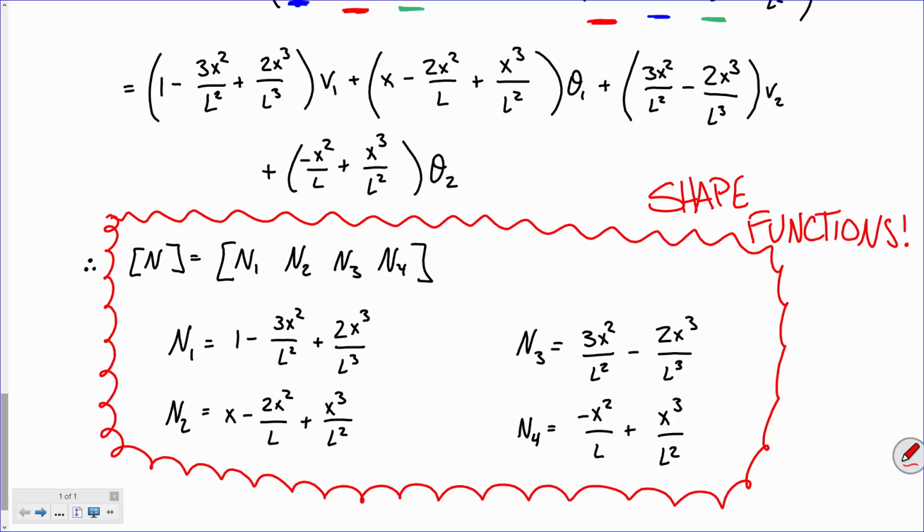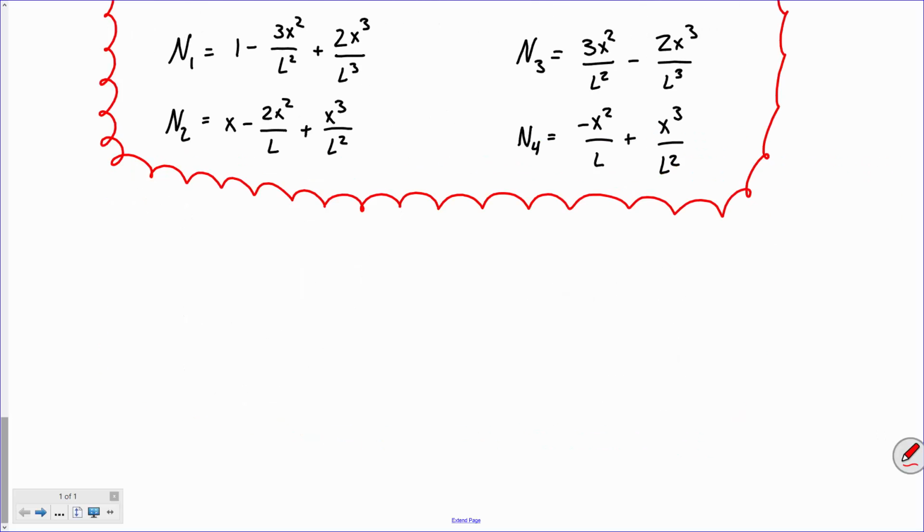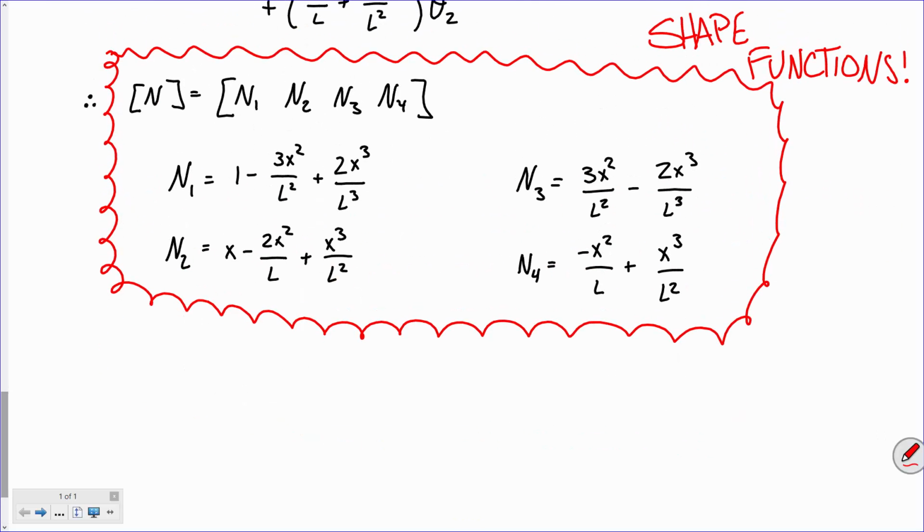Now, before I go into doing a B matrix, we got to do something a little bit different for beams. So, what I might do is extend this a little bit and have a discussion about beam mechanics because the math is a little different. Everybody all right where we're at so far?